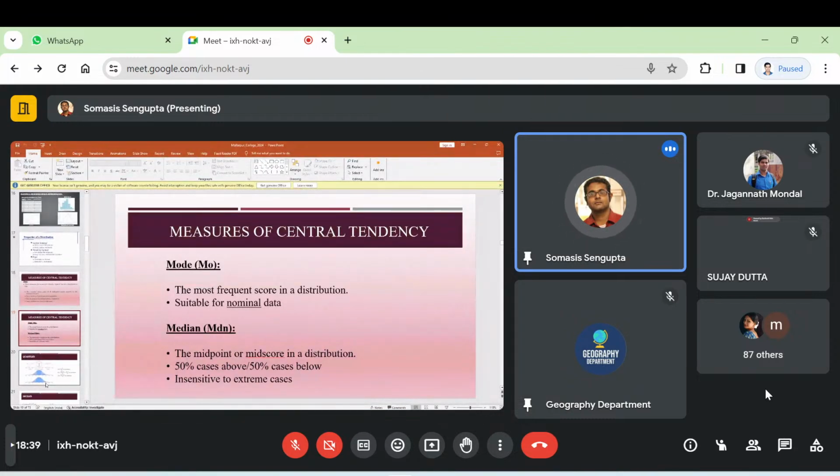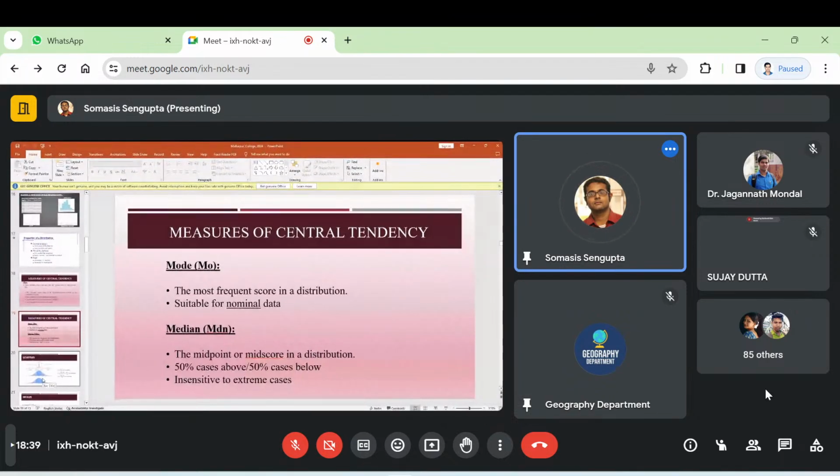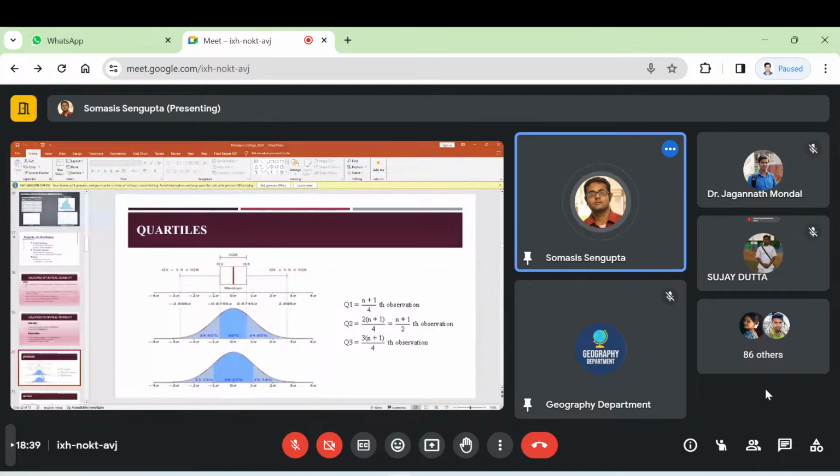So 3 is the median, which will be more reflective of the distribution. So based on my data set, I will be in a position to determine the most suitable measure of central tendency.